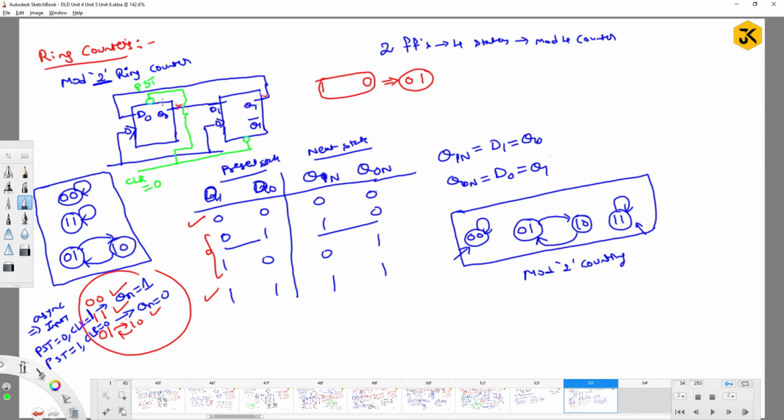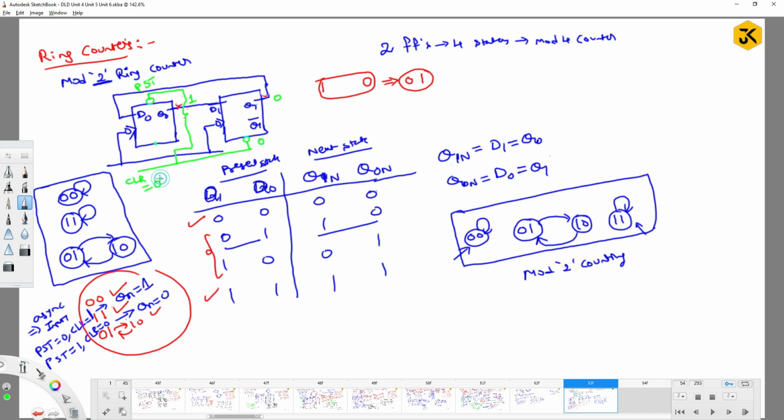So if I pass 0 here, it will think that clear is 1. When clear is 1, this state value you are going to get as 1. So if this is 0, here it is going to produce a value as 0. Now if I have the rotation, you are always going to get 1 0 0 1 toggling.